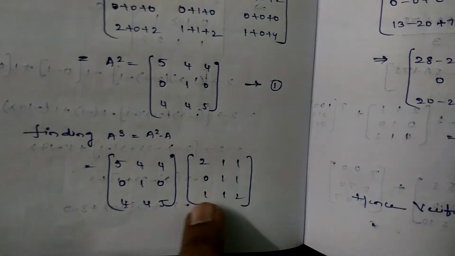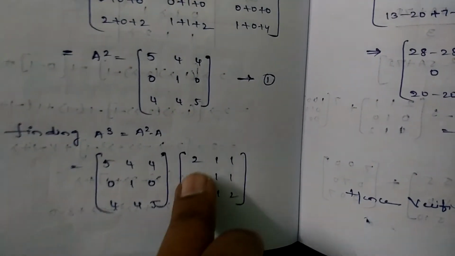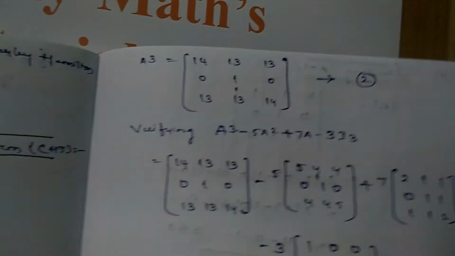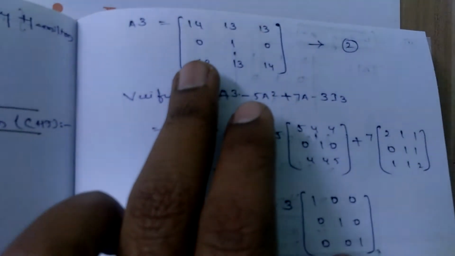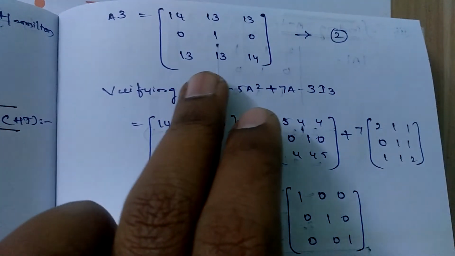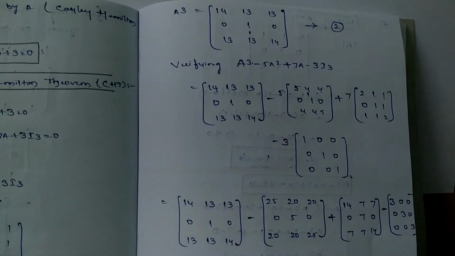Third row, first column, third row, second column, third row, third column. Do as usual multiplication. So this is the result we get, guys: 14, 13, 13, 0, 1, 0, 13, 13, 14. So keep it as equation 2, guys.